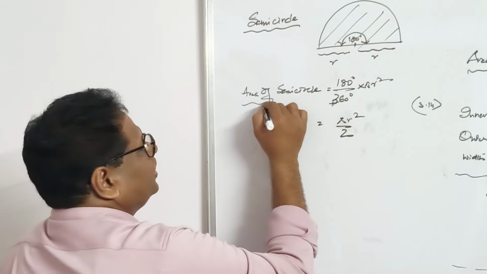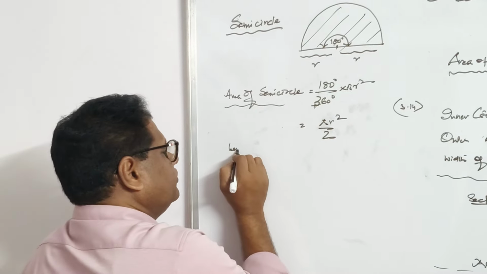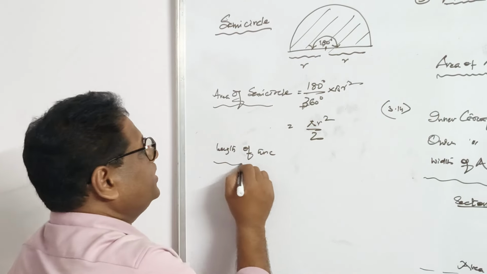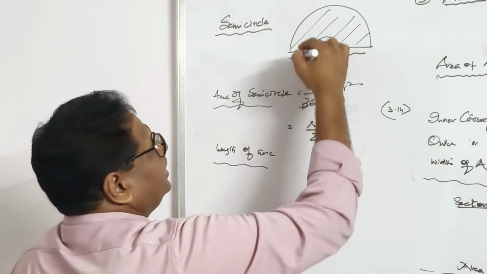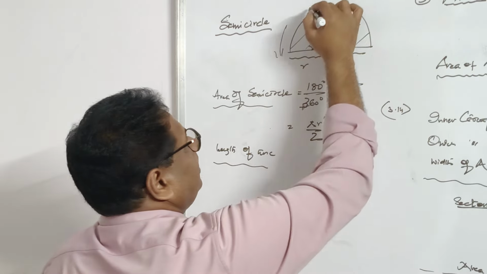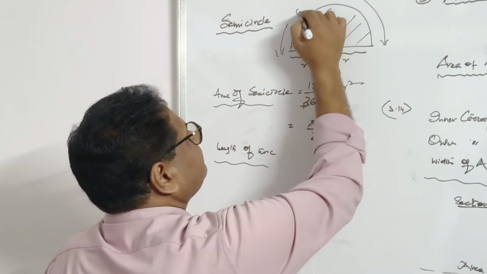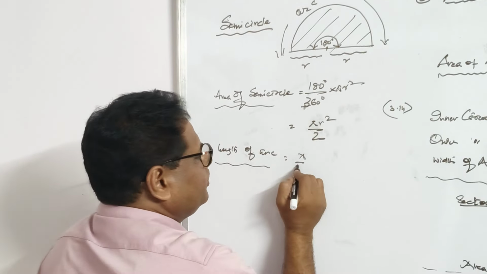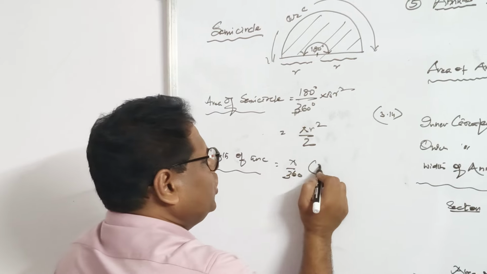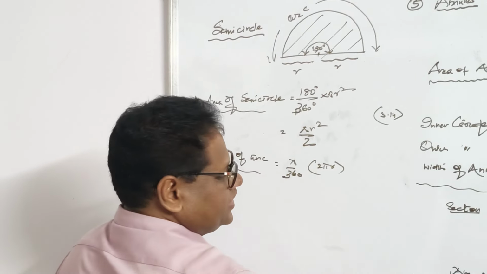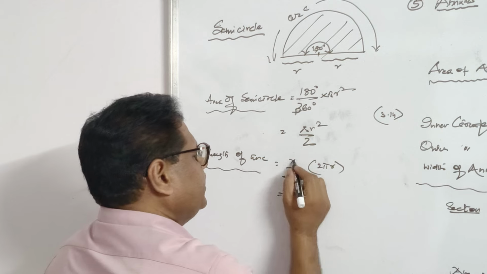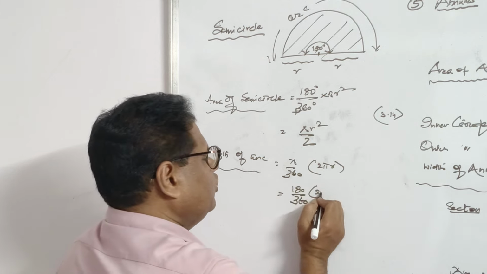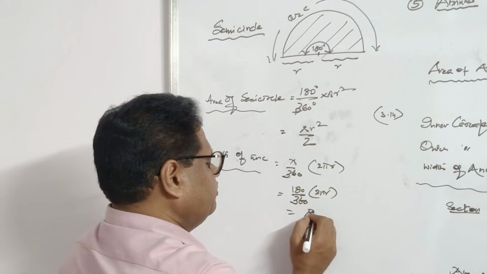Now the length of arc, all these are under the semicircle. Length of arc means this is the length of the arc. So for this we have, again applying the formula x by 360 of 2 pi r, 180 by 360 of 2 pi r, that comes to pi r.